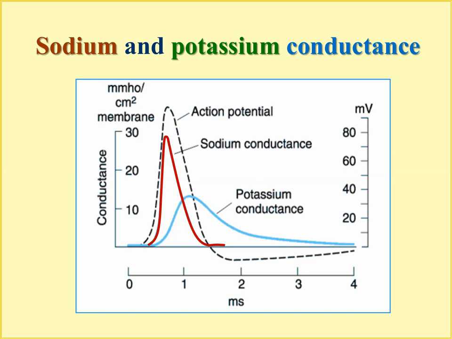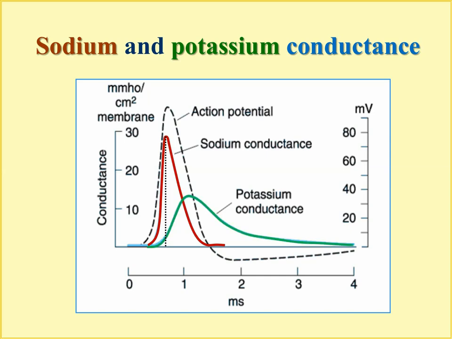Then a single action potential comes up and down sharper. So sodium conductance is first, and exactly while sodium channels are open we have a high amount of open channels, because conductance directly depends on the number of open channels. And you see during this sodium conductance, the action potential first phase occurs.